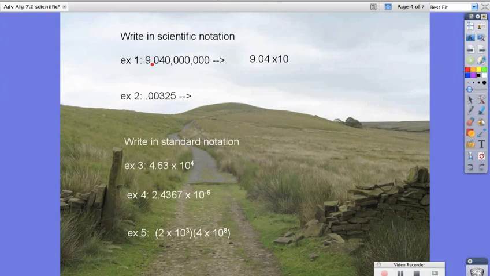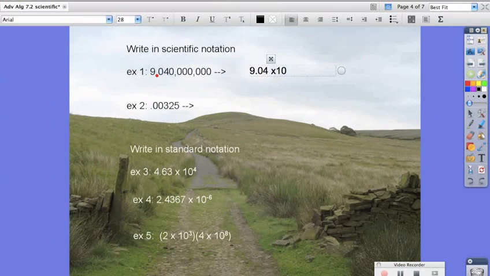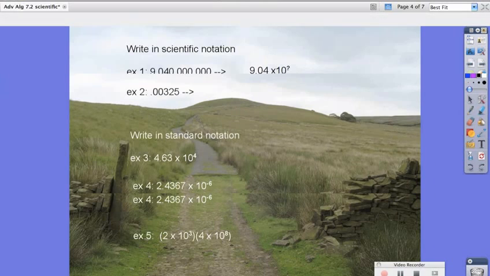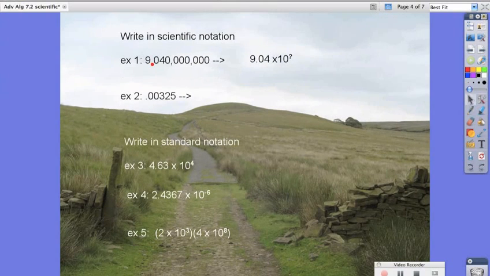That's the part we have to figure out now. To figure out what that number would be, we have to decide how many decimal places we need to move this and in which direction, left or right. This is very important. We're going to start at where our decimal point is, the red point, and where it was originally. Where it was originally, it was here at the end in blue.